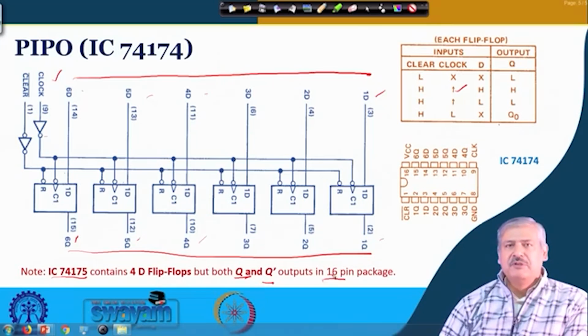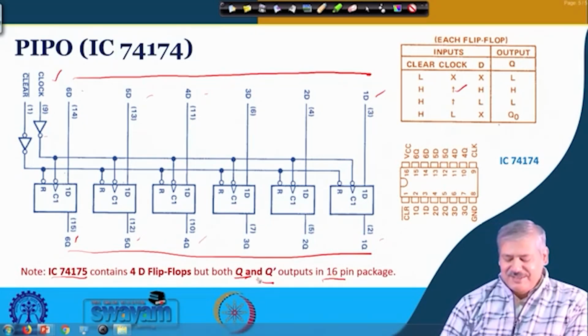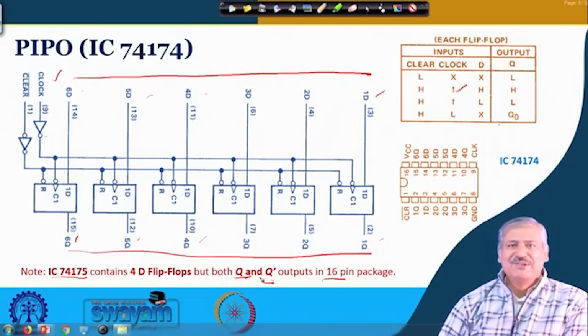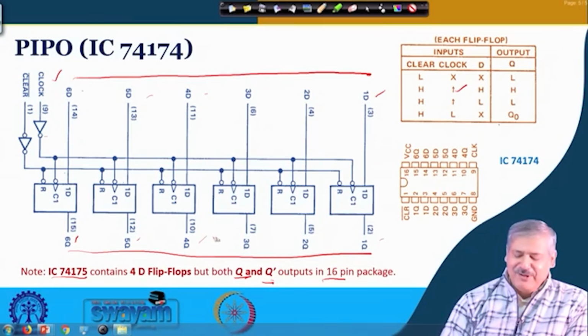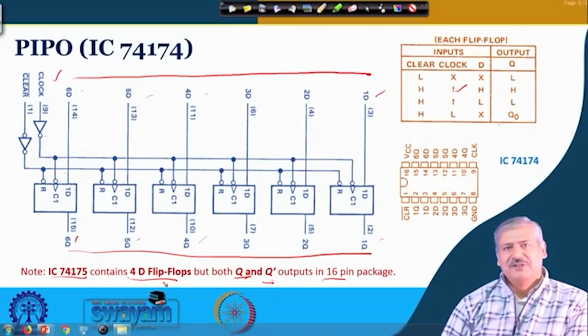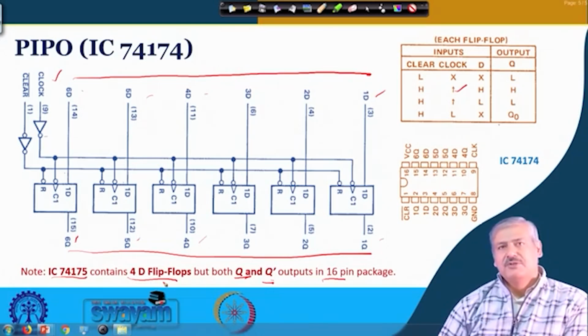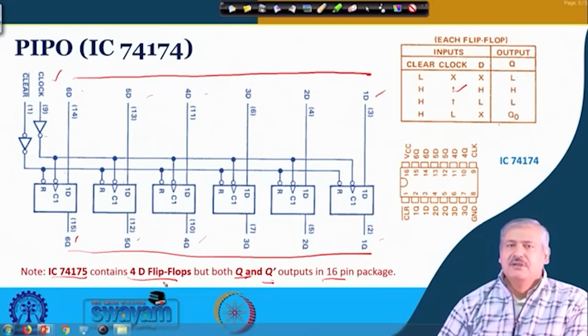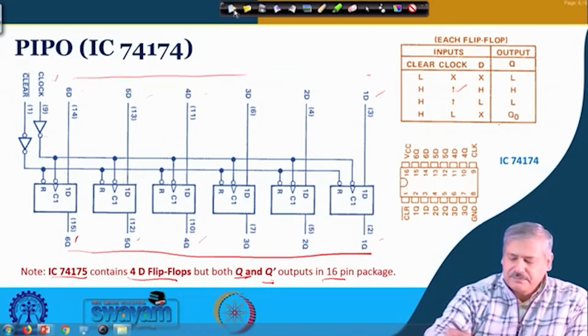It is the same 16 pin package, similar to the other 14 and 16 pin packages that you normally use. Since both Q and Q bar are there, you have to sacrifice the number of flip-flops that you can put inside the package. So, it is a quad: 4 D flip-flops are there in that IC. This is the issue with parallel in, parallel out. But it is also useful and you can make use of it depending on your requirement.